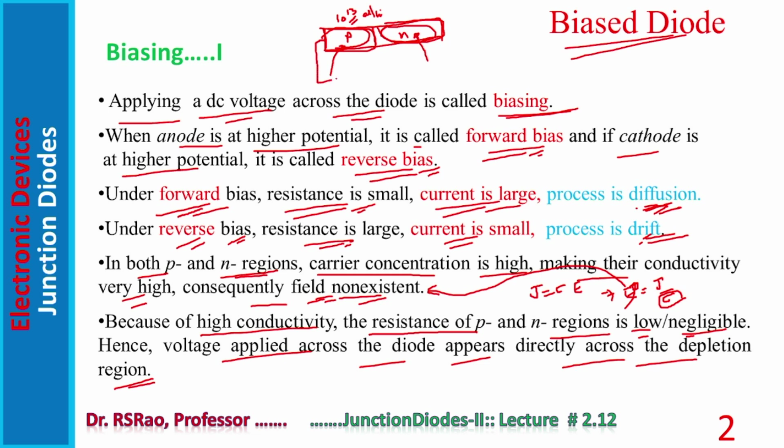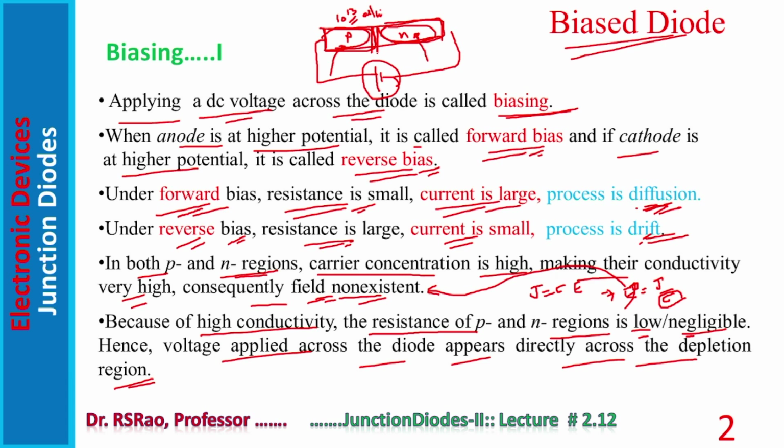So when we apply a certain voltage, whether forward or reverse biasing, it doesn't matter. Whatever voltage we apply appears directly across the junction region. The complete voltage that we connected across the diode appears across the junction.